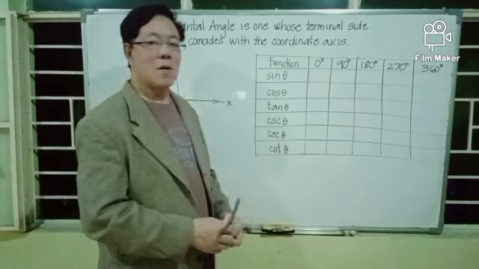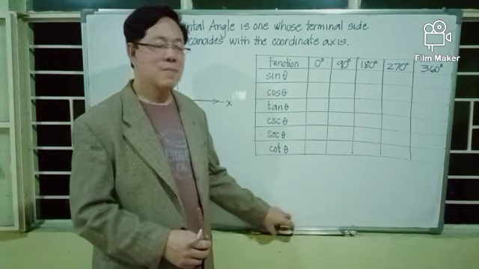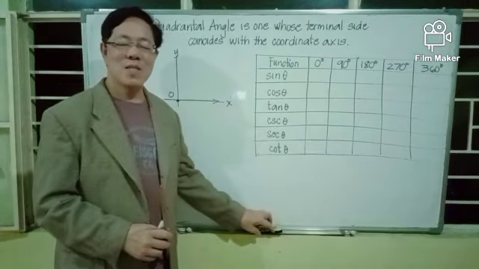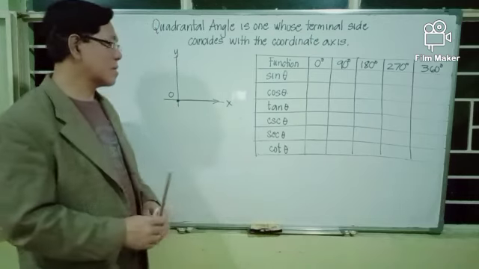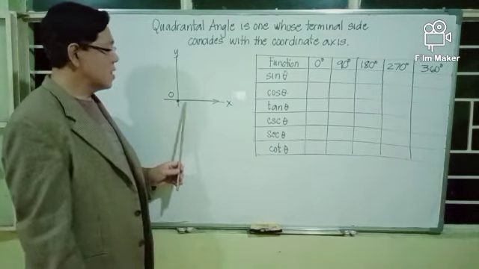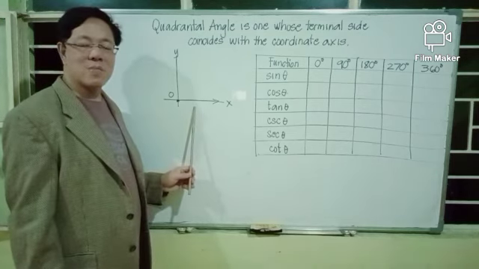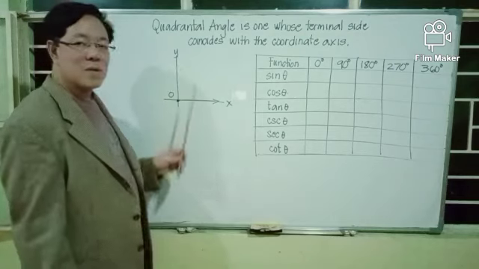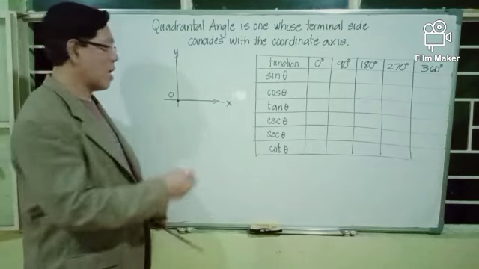90 degrees is also a quadrantal angle. If we construct the 90-degree angle in standard position, its vertex will be at the origin. Its initial side is at the positive side of the x-axis, and its terminal side will coincide with the positive y-axis.